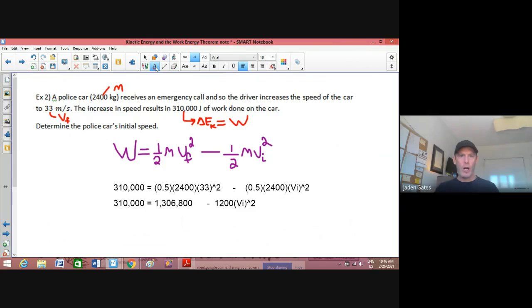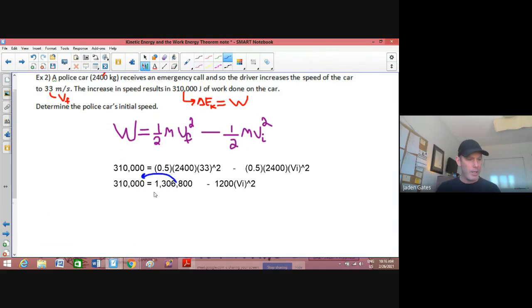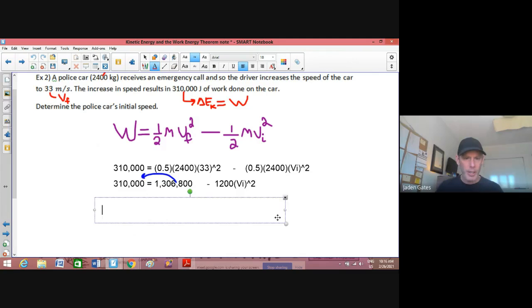All right, so again, solving for VI. So I'm going to move this 1,306,800 over to the other side. All right, and so let's see here. I subtract those two. I'm going to get a negative number here clearly because I got 310.